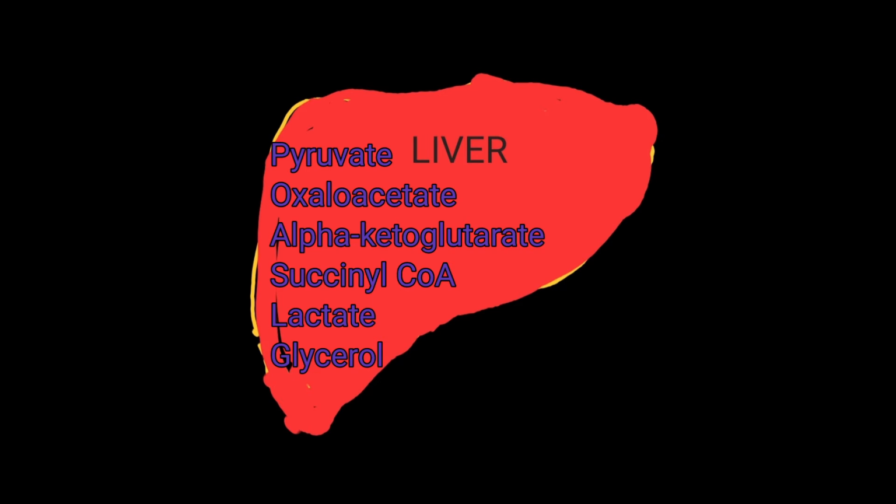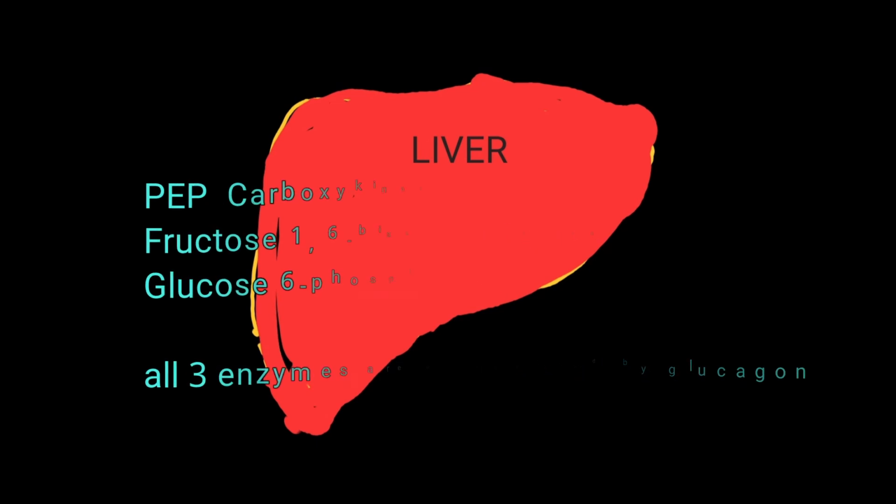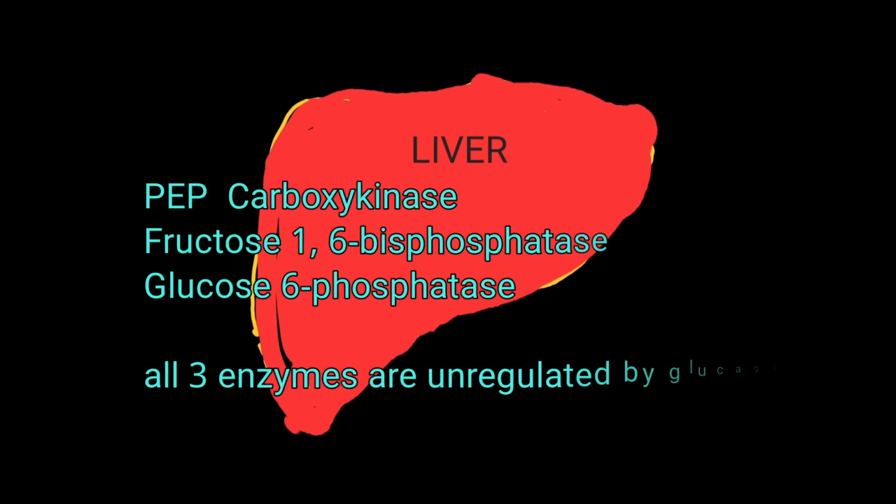Glucagon activates gluconeogenesis by its effects on three key enzymes. These key enzymes are PEP carboxykinase, fructose 1,6-bisphosphatase, and glucose 6-phosphatase.